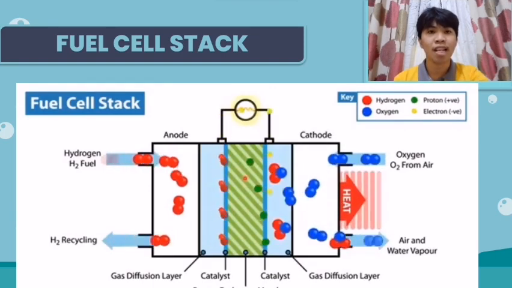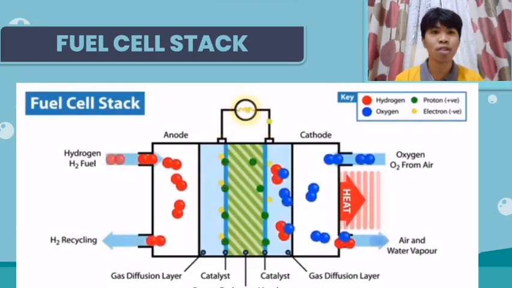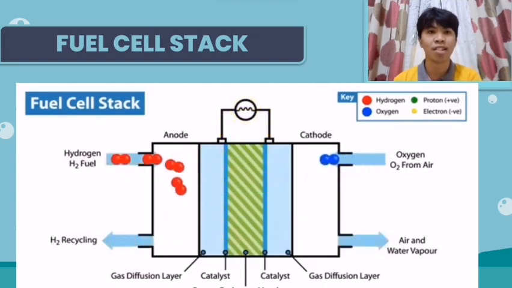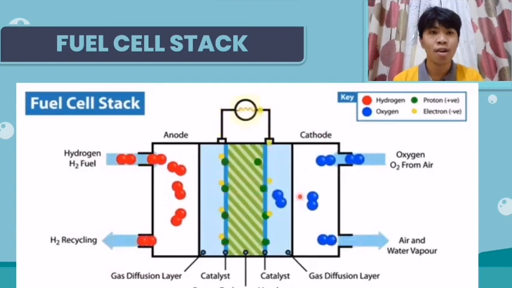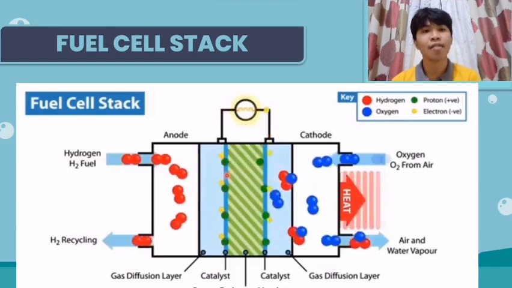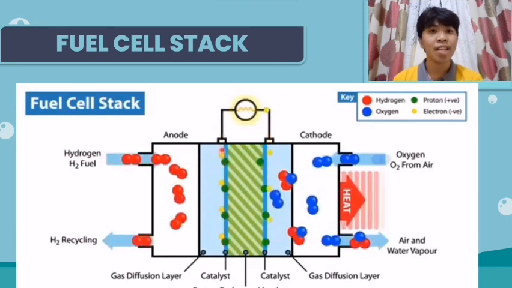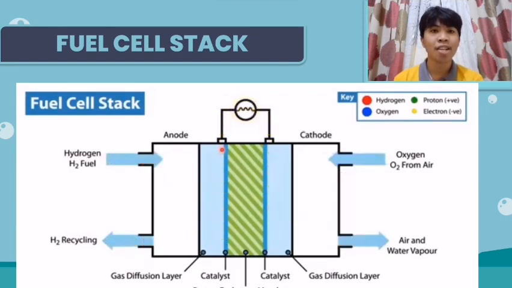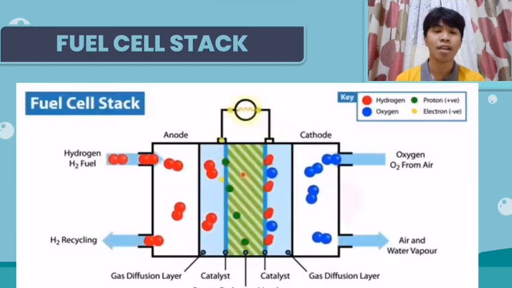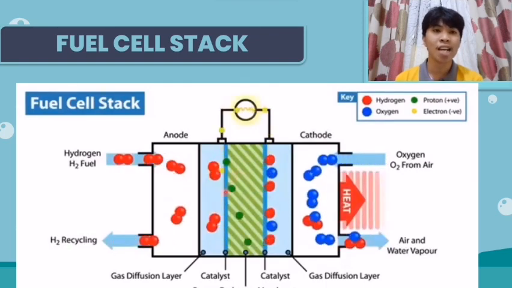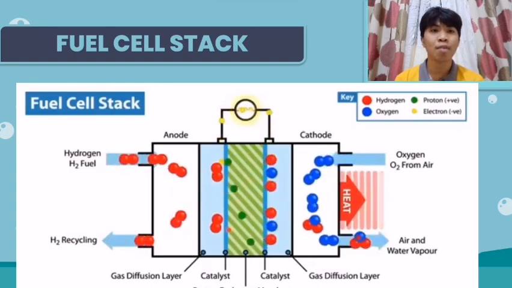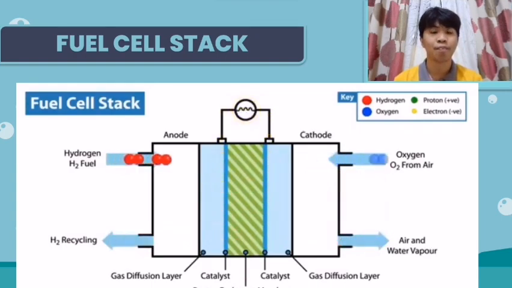What happens next at the side of the cathode is that the protons that pass the proton exchange membrane and the electrons passing through where the load is located unite at the side of the cathode with the aid of the catalyst. The diatomic molecules of hydrogen are combined with the diatomic molecules of oxygen, which produces the byproduct of water vapor.